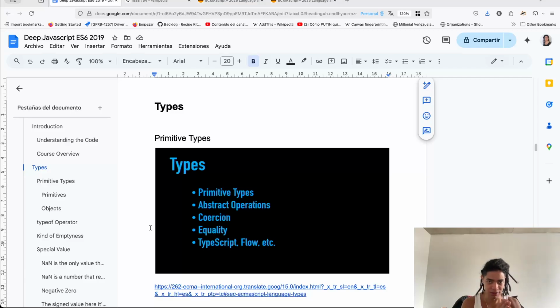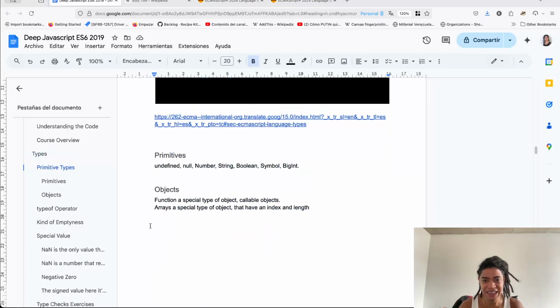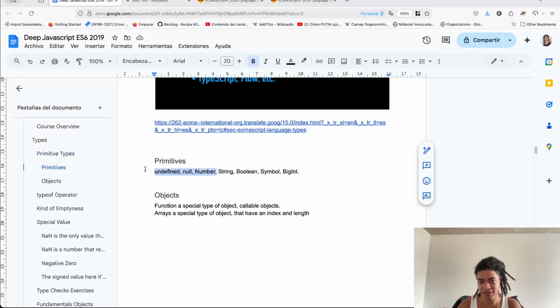So we have undefined, null, number, string, boolean, symbol, and BigInt.